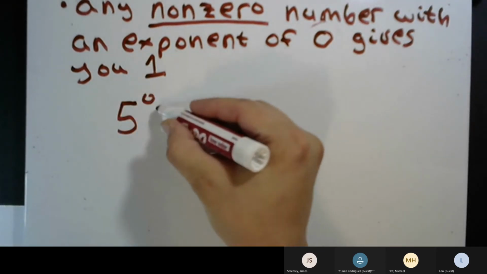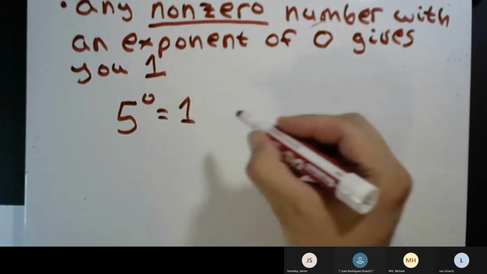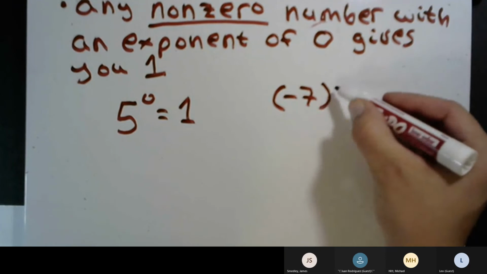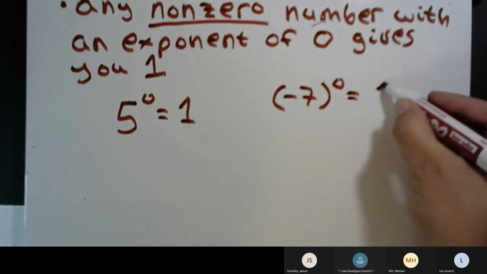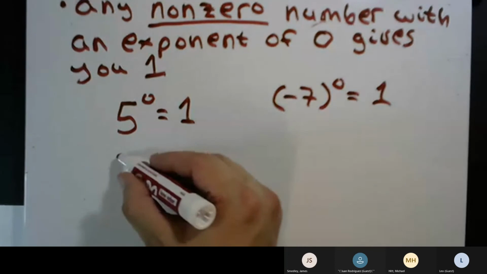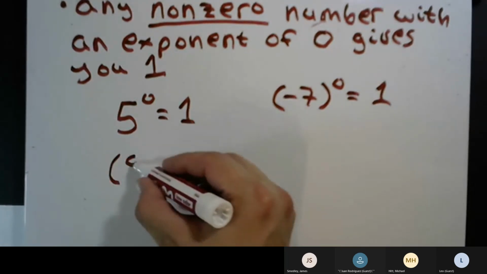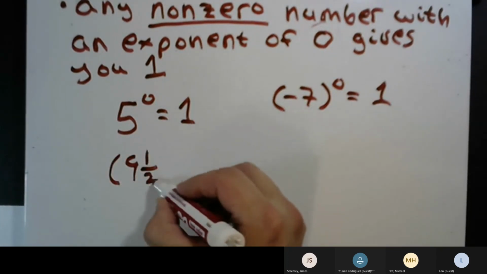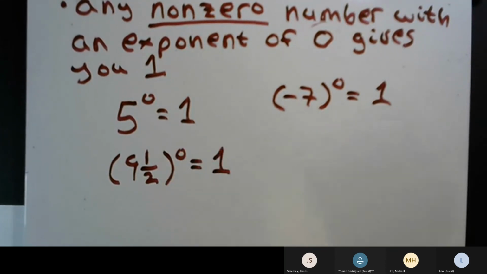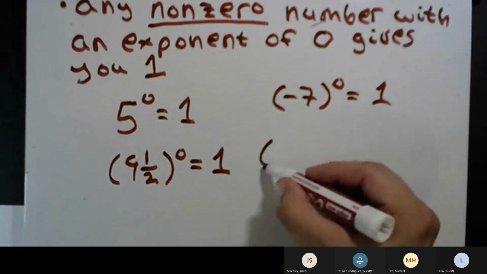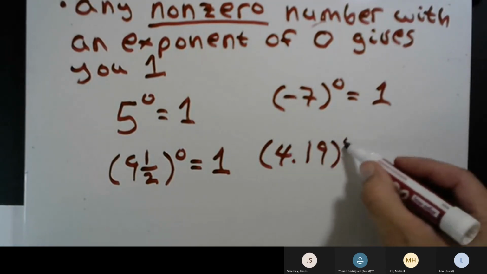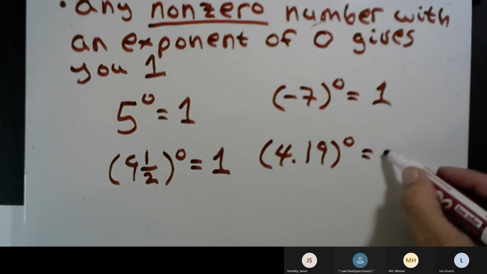So 5 to the 0 is 1. -7 to the 0, well, that's just going to be 1. 9 1/2 to the 0 is 1. 4.19 to the 0 is 1.